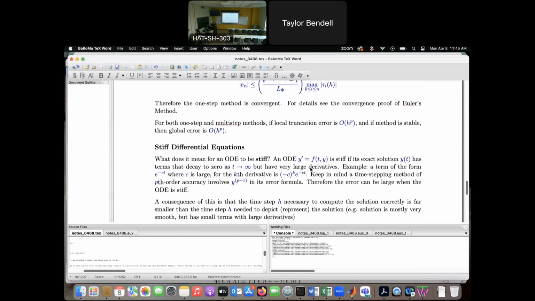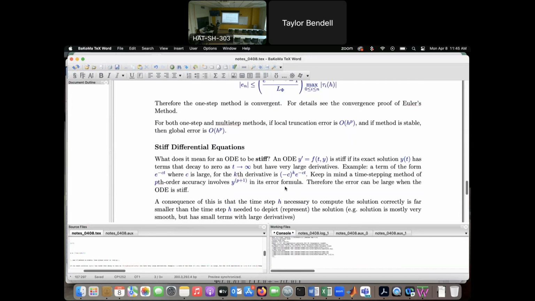So because of this, if you want to have a solution that has correct qualitative behavior and be reasonably accurate, you're going to need to use a time step h that is far smaller than the spacing that you would need to accurately represent the solution.